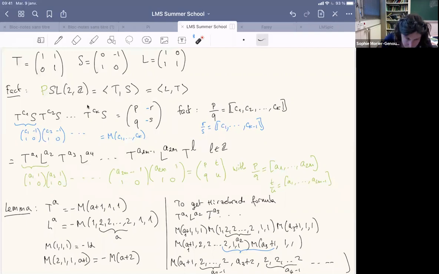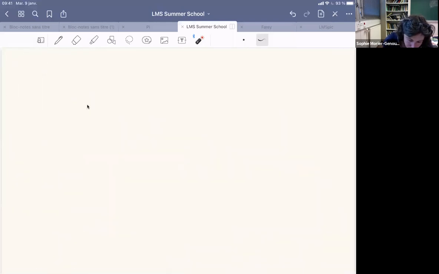And what I want to discuss now is some geometry related to Coxeter frieze. Frieze are actually an invention of Coxeter.